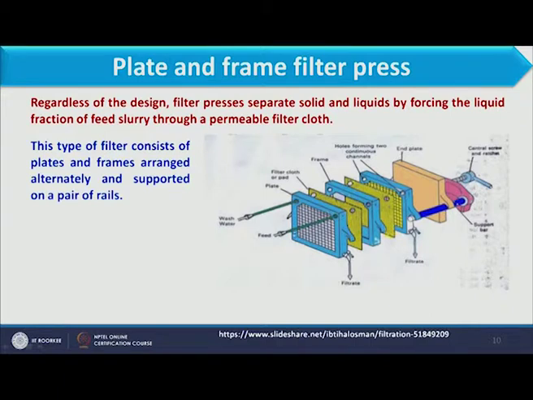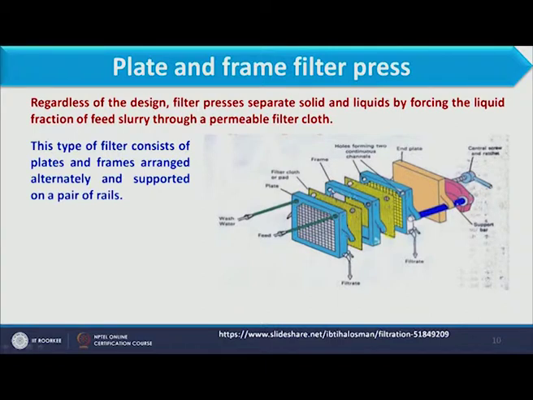Now, the inner section of the plate is grooved; it is not a flat plate, but has grooves and some non-uniformity on the surface.